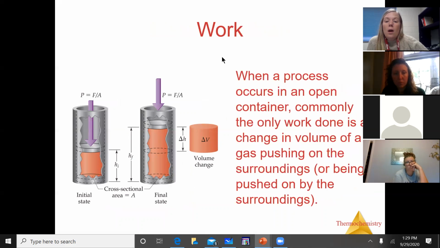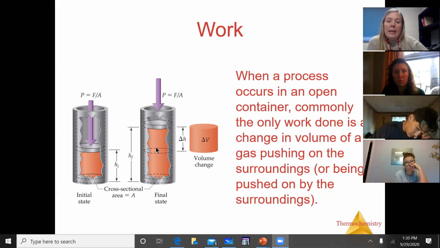All right, so when a process occurs in an open container, commonly the only work that's done in these chemical reactions is a change in volume of the gas, or the gas is pushing on the surrounding environments. Here we have a piston, and if there's work being done from this gas on the surroundings, it will increase the volume and push around.